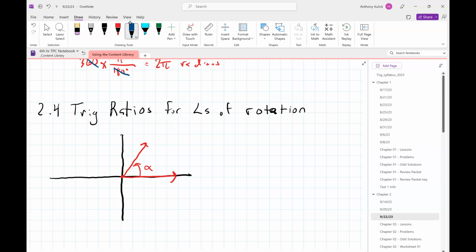Okay, so here's what we're going to do. I'm going to make that a little bit longer, I think. I'm going to pick some point P on that terminal side. Anywhere on the terminal side except for the origin is fine. Because I know that from geometry, 2 points describe a line, right?